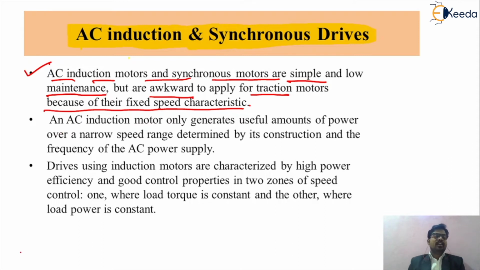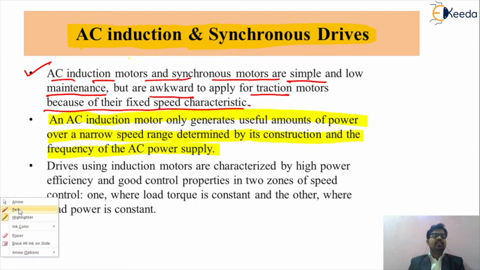But an induction motor generates a useful amount of power over a narrow speed range determined by its construction and the frequency of the AC power supply system. Due to that, AC induction motors are preferred for most types of traction drives.